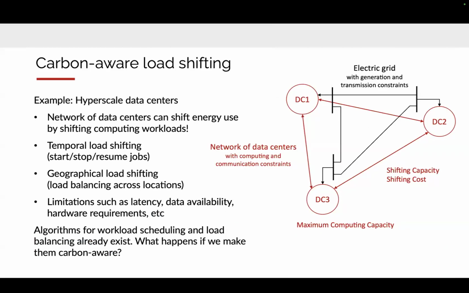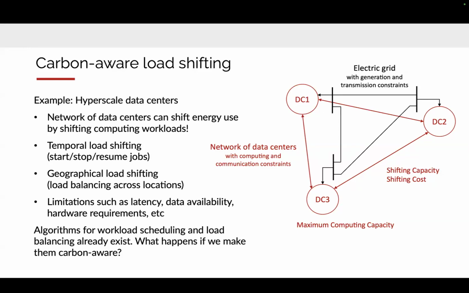So the idea is that we are working with something like what you see here. We have an electric grid in black, and a network of data centers modeled on top of that grid. This network of data centers has an opportunity to shift computing workloads between locations and also in time.